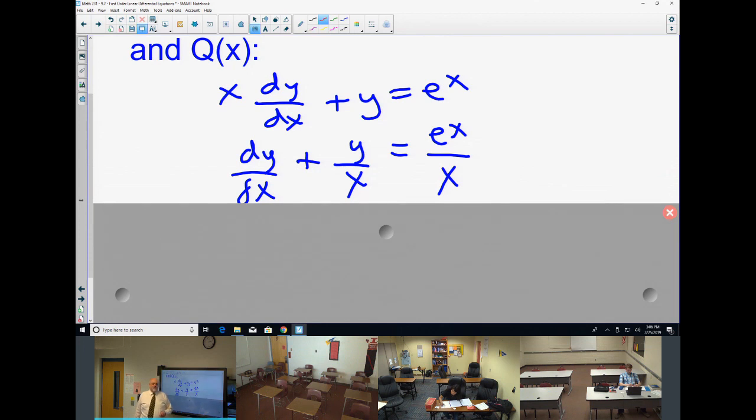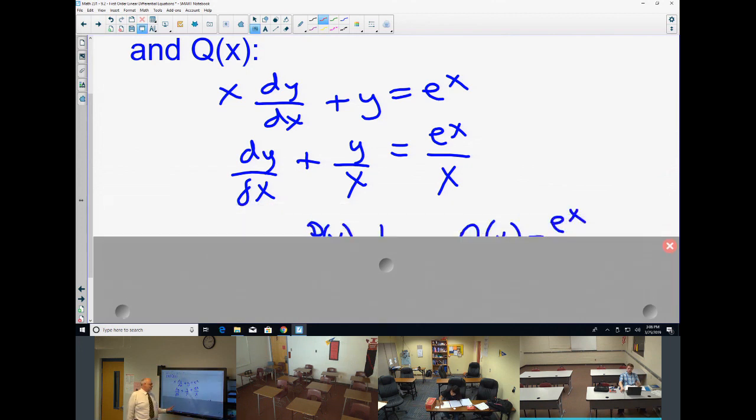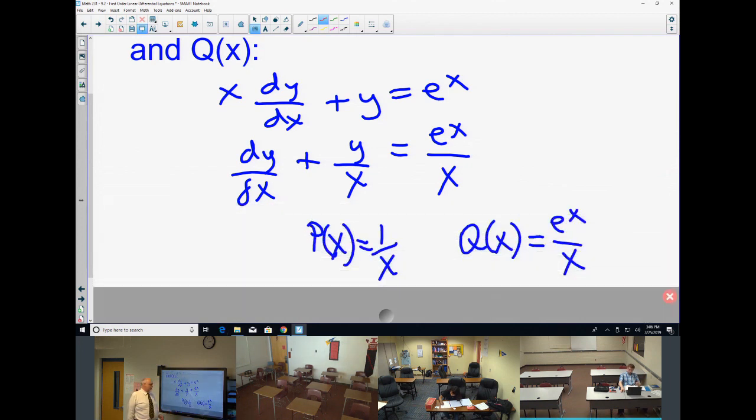All right, so Weston, what's the p of x? 1 over x. And what's q of x? e to the x over x. Okay, good. So once you put it in standard form, then just sort of ignore the y, and this function, 1 over x, that's the p of x.